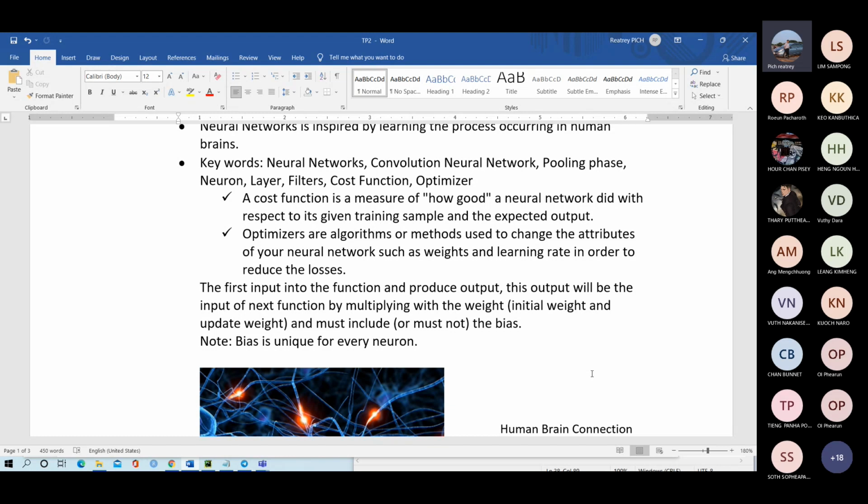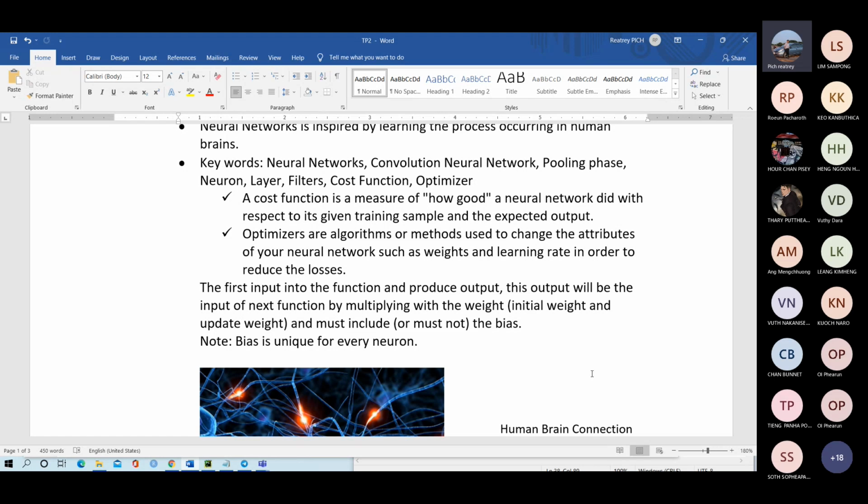In the neural network, when you go deeply, you will learn the way to update the bias and the way to update the weight. There are backward functions and forward functions. Those things you will learn later inside the class. But in this case, you just need to know the definition of optimizer and its purpose.